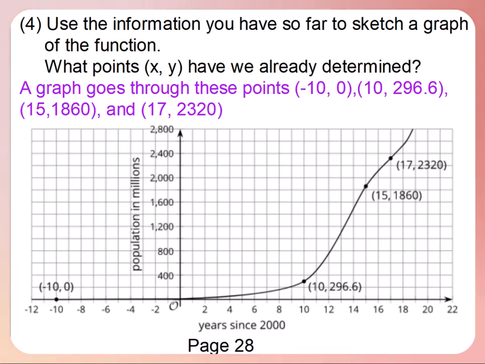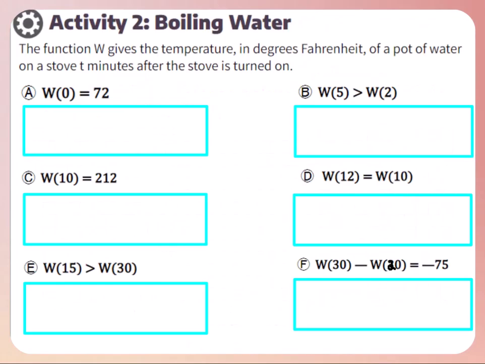Okay, once you have that graph, let's move on to activity 2. It's called boiling water. This is on page 29. All right, now we have a function W, and this gives us the temperature in degrees Fahrenheit of a pot of water on a stove T minutes after the stove is turned on.